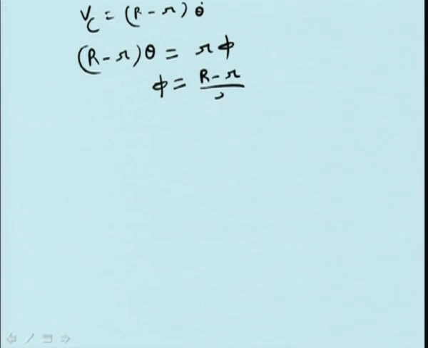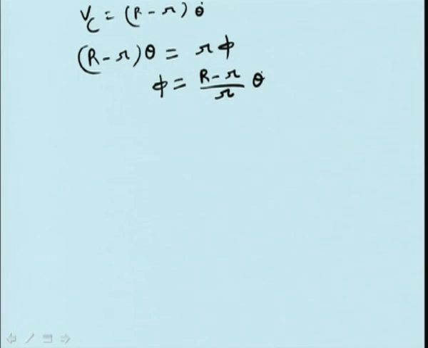Now let the angle of rotation of the cylinder be phi, then R minus r into theta, that is the movement of the center, is equal to r phi, where phi is the angle of rotation of the cylinder about its own center. Therefore phi is equal to R minus r divided by r theta.